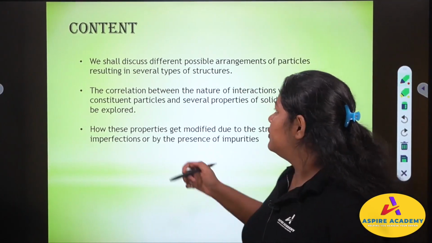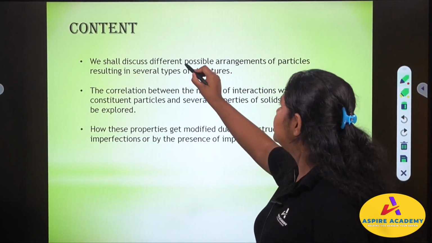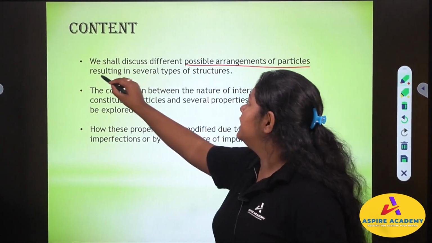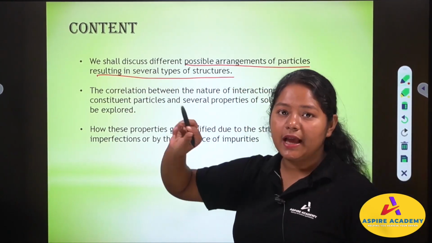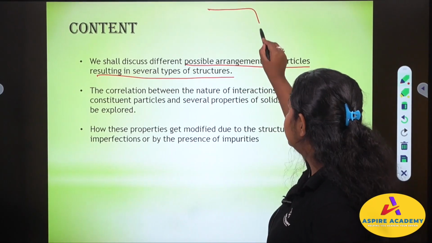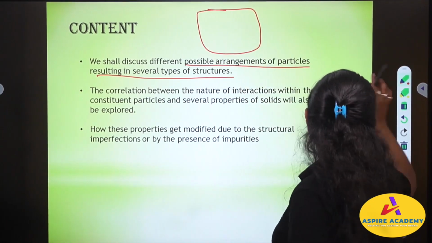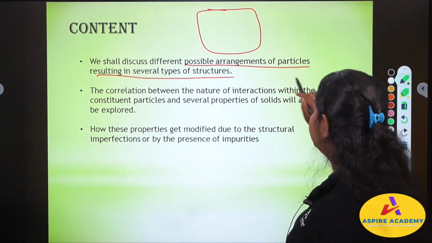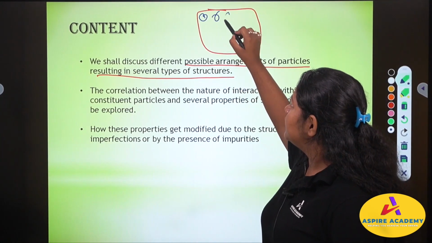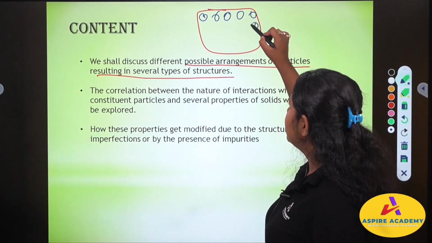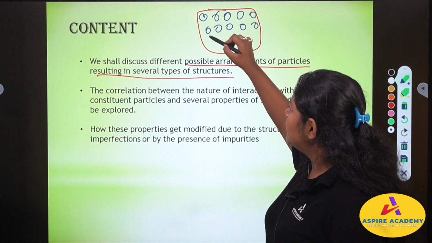What shall we discuss? We shall discuss different possible arrangements of particles resulting in several types of structure. Like I said, this is a solid. Inside the solid there are many particles, right? Many particles club together and form a solid material.